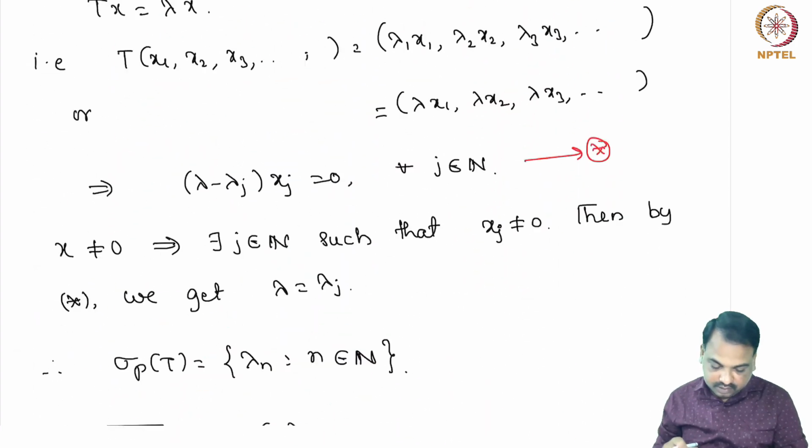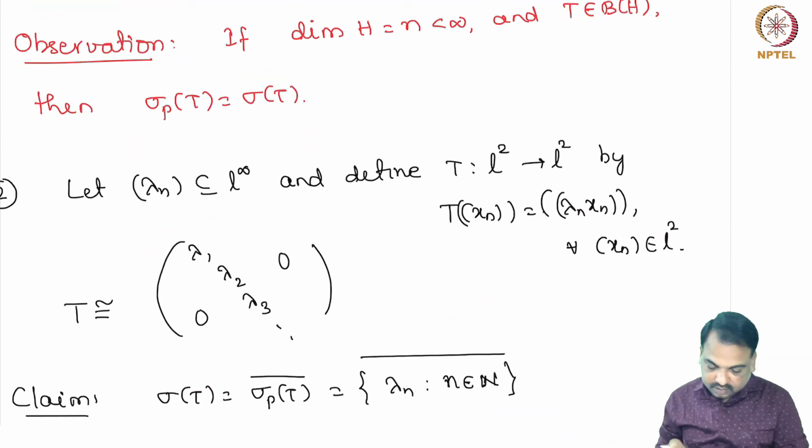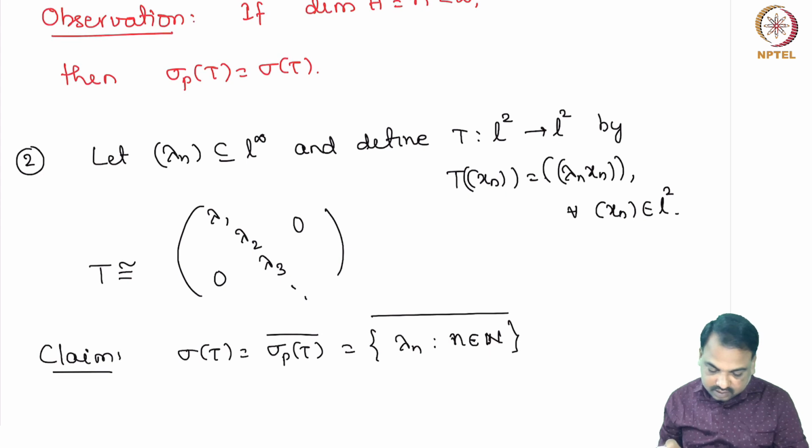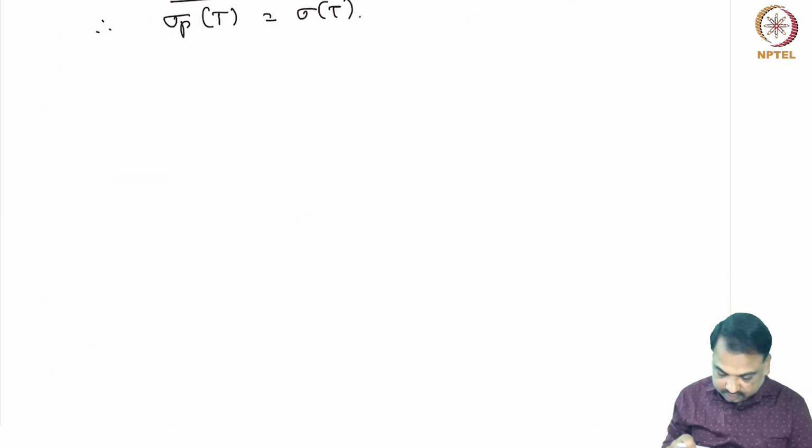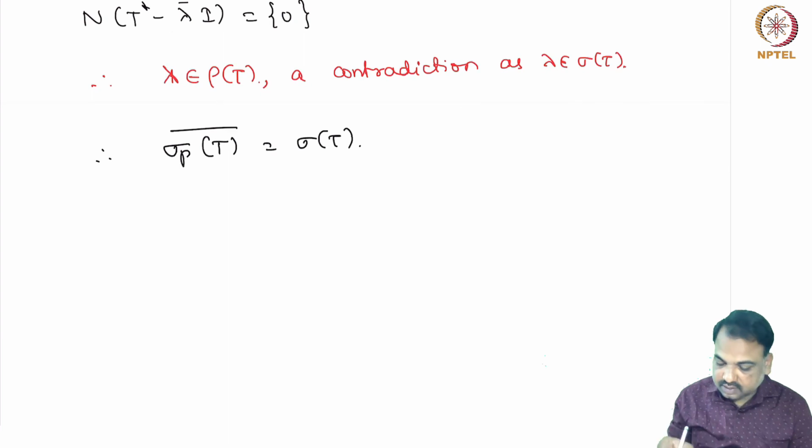Okay, so let us again come back to the example. In this case we have shown that the spectrum of T is exactly the closure of the diagonal entries. As a particular case, let us look at the following operator.